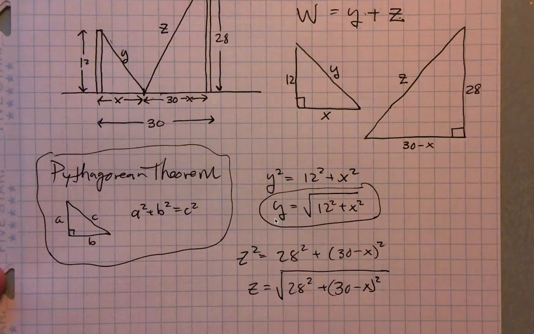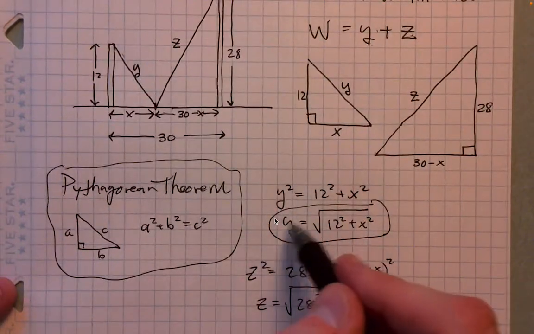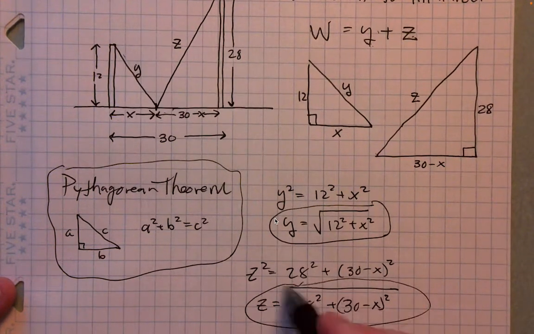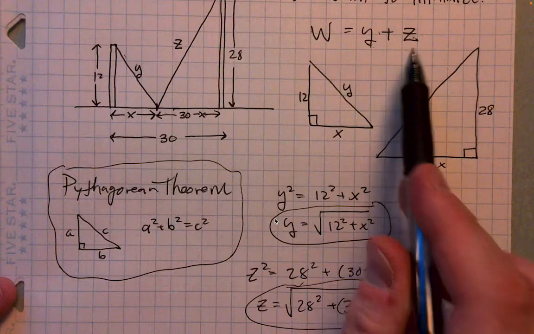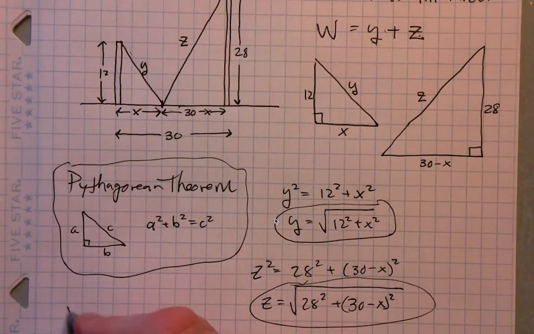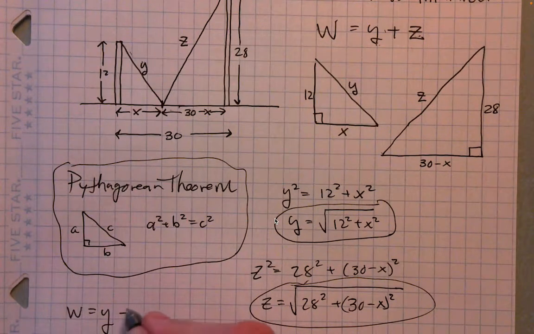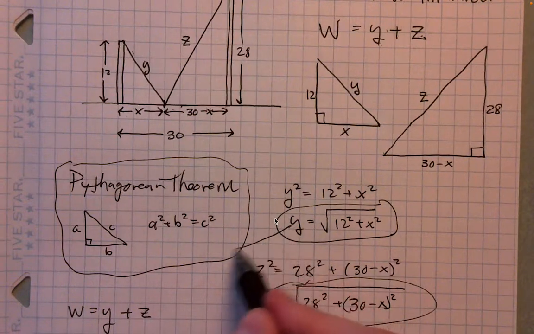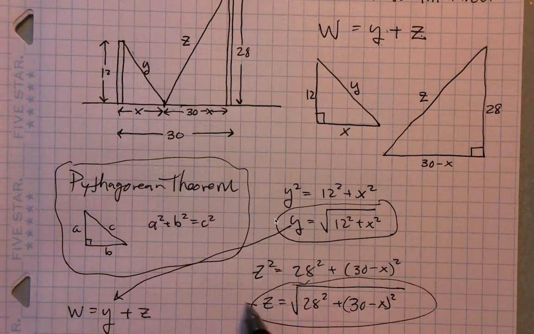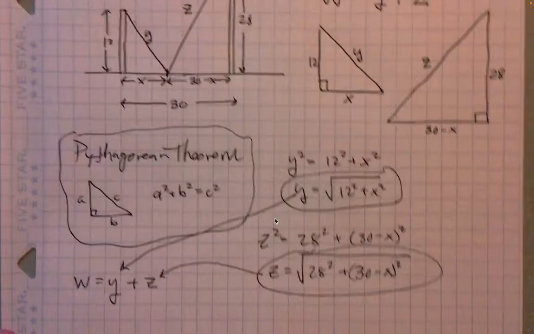Now this one will be plugged in for that. Let's write that down so that it's clear what we're headed towards. This is coming in for that, and this is coming in for that.